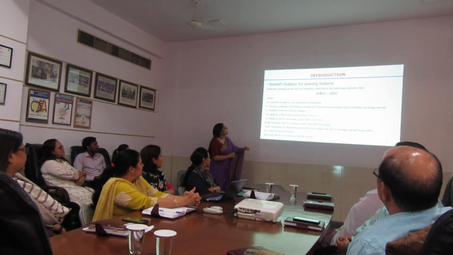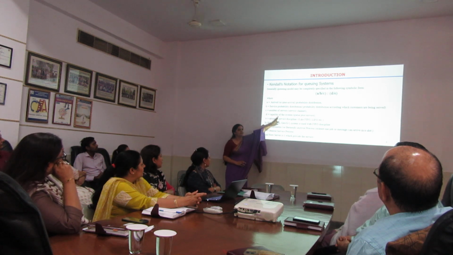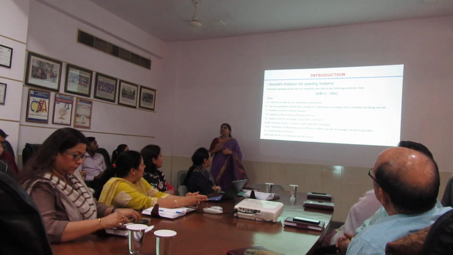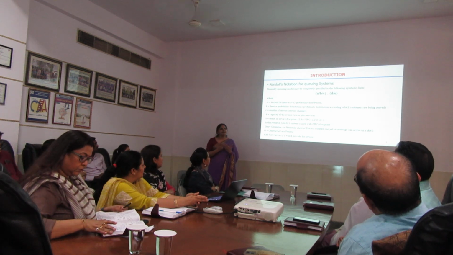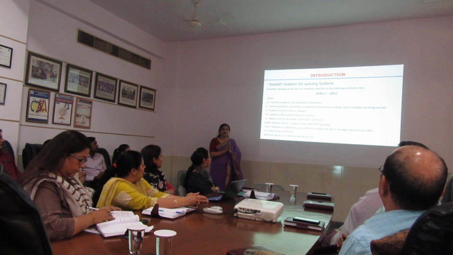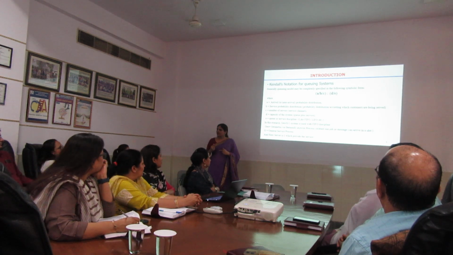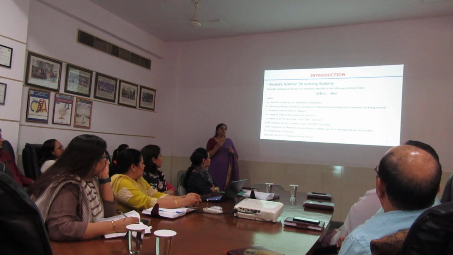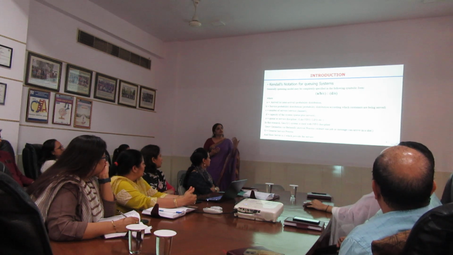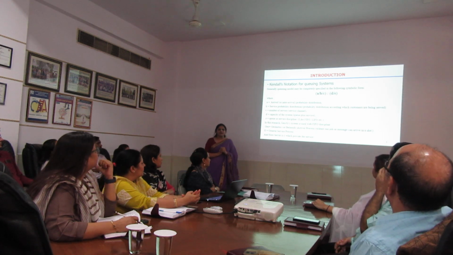The B represents the service probability distribution, and in last out, or sometimes we will face priority-based customer arrivals. The next, C, is the number of servers.